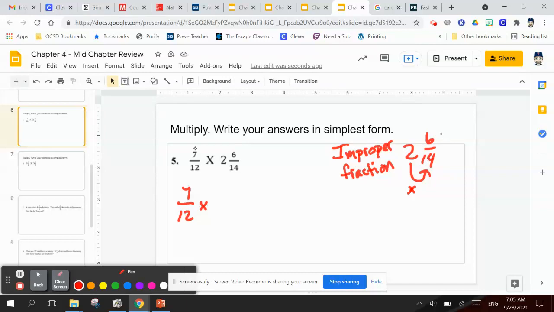And then I add that to the numerator. 28 plus 6 would be 34. And my denominator stays the same.